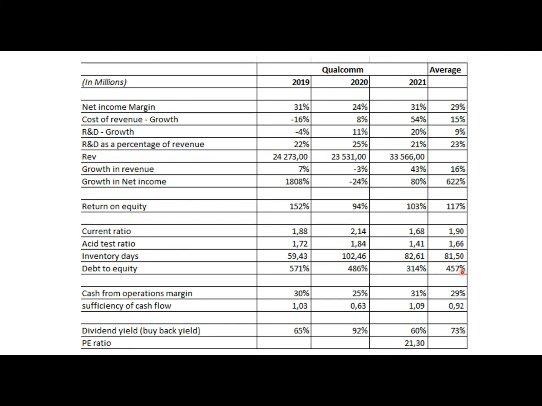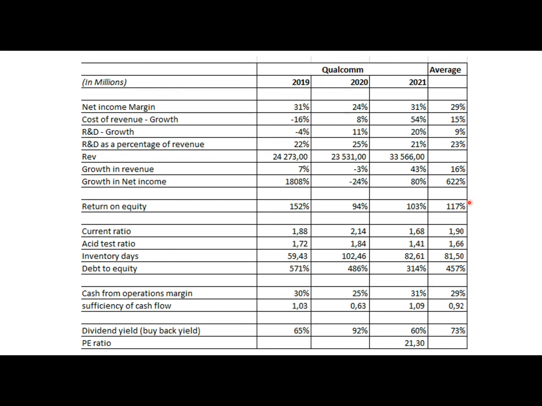You know what? Just back to the ROE. I mean, the ROE of Qualcomm is a bit insane, but it's very good. It has overperformed the industry. The industry average for ROE is 20%.